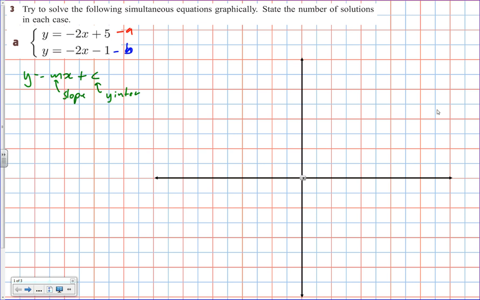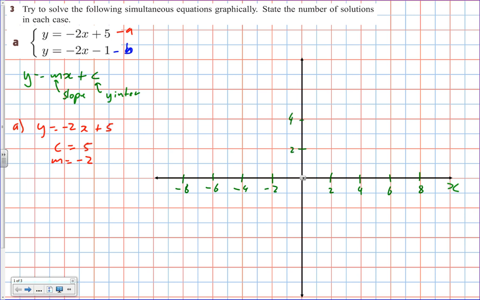So let's look at A first. A: y equals negative 2x plus 5. So c equals 5, m equals negative 2. On my graph I mark the axes, 2, 4, 6, 8, and negative 2, negative 4, negative 6, negative 8.